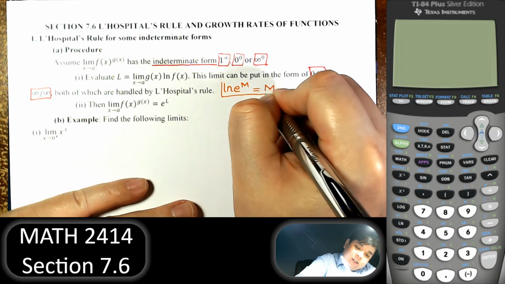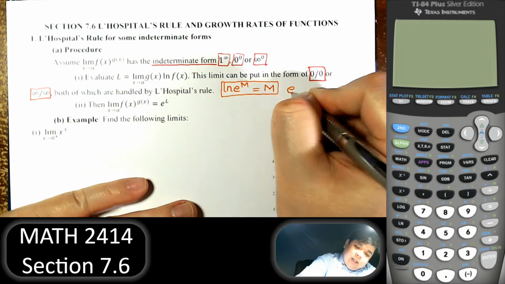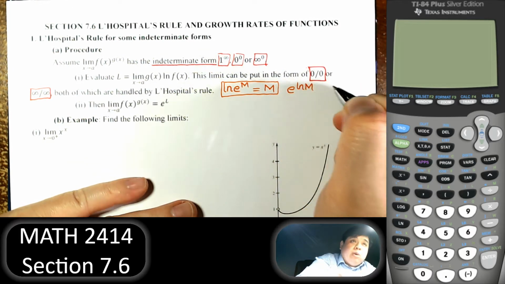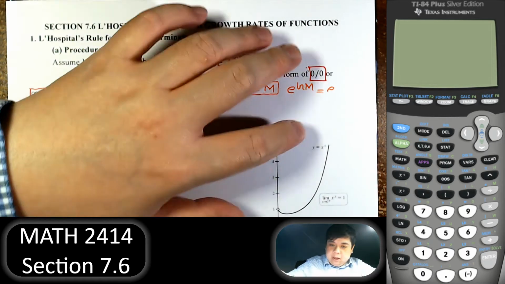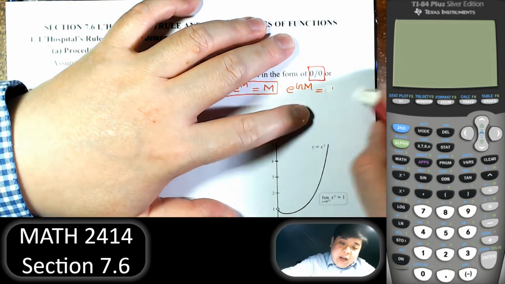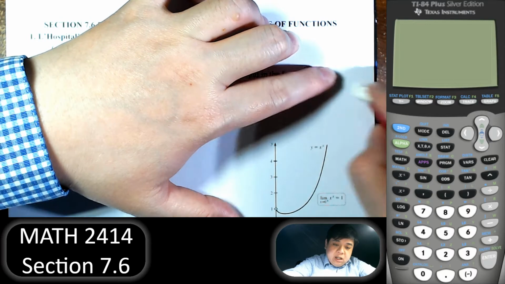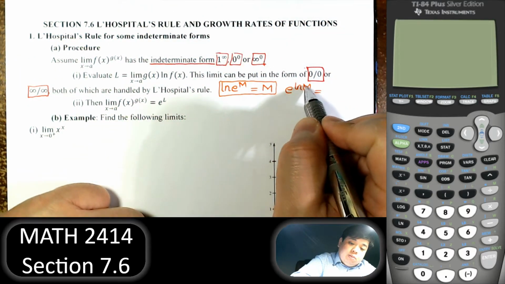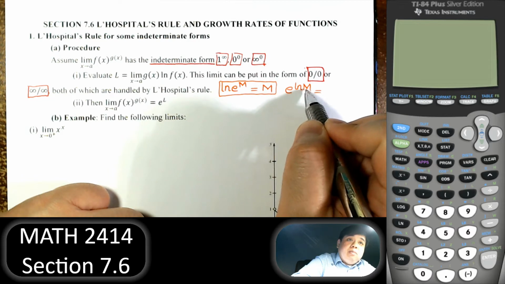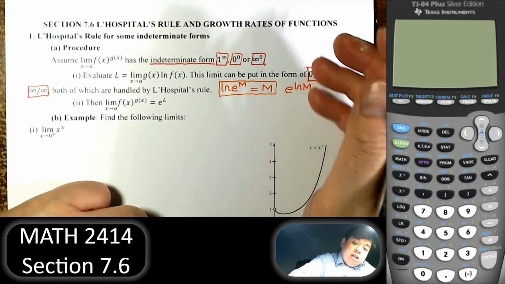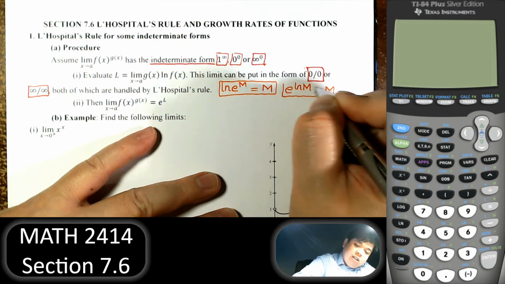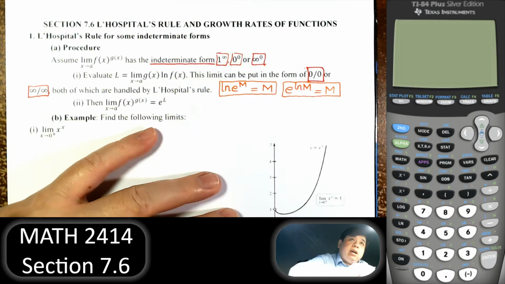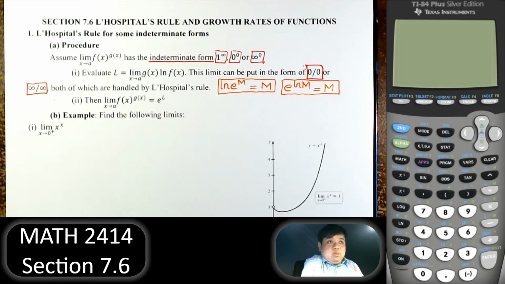Likewise, if we have e to the ln of something, that also cancels out. And when it cancels out, if we put a number m here, that has to be positive because ln of a negative number is undefined. So in this case, m has to be positive. So logarithmic function and exponential function are inverses of each other, and that's why we can write it like this.